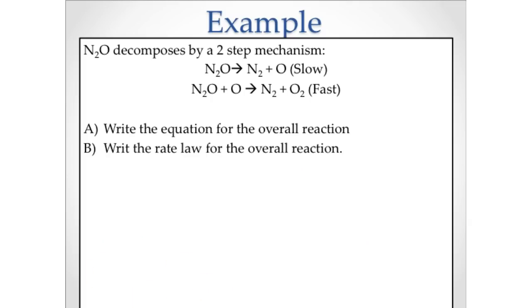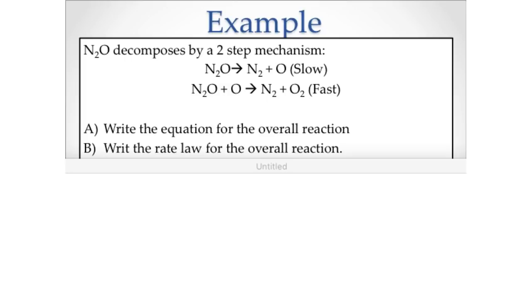So here is an example. In this example, it says that N2O decomposes through a two-step mechanism. N2O is going to form N2 plus O. It already says that it's slow, so that means this first one has to be the rate determining step.